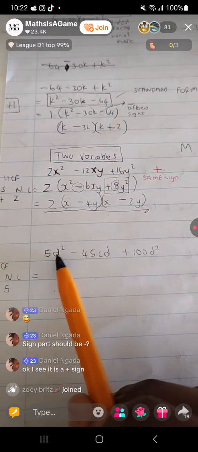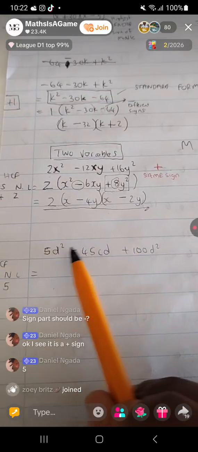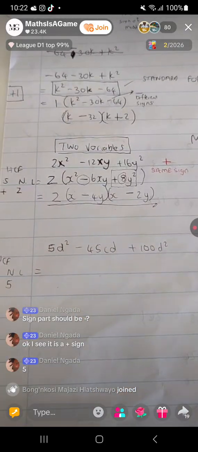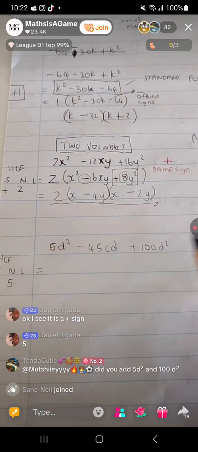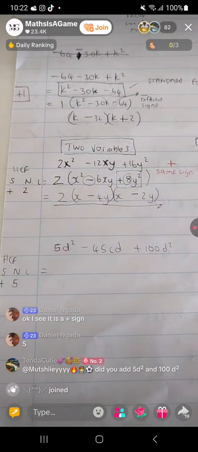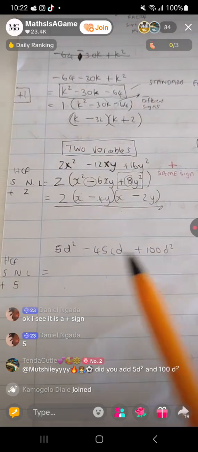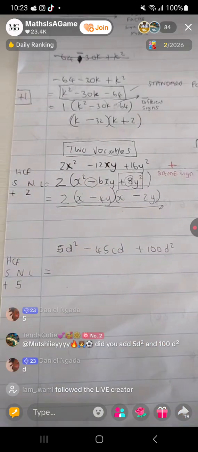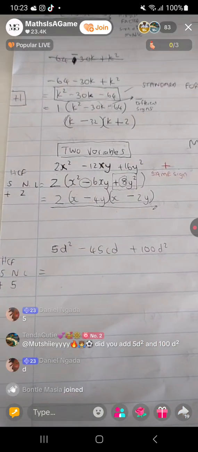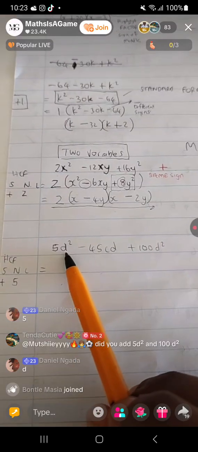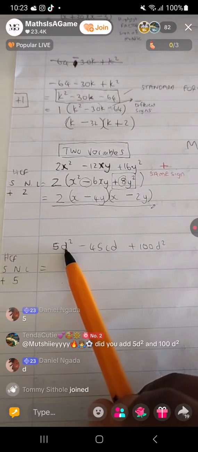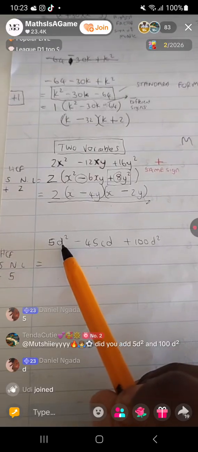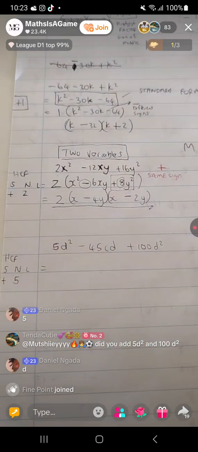Then letter. Do we have a common factor letter between the 3 terms? A letter that appears in all 3 terms that has the base with the lowest exponent. D. There's no letter that actually appears in all 3. Okay, there's no common letter. Remember, guys, if you say it's D, then D has to be common here, there, and there.